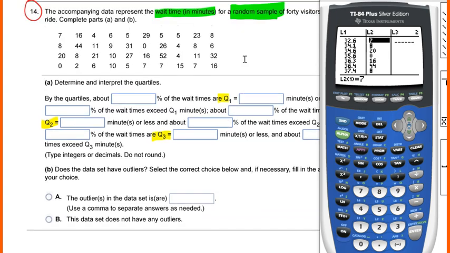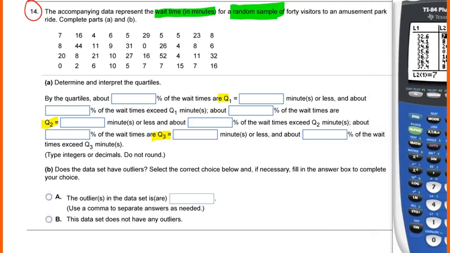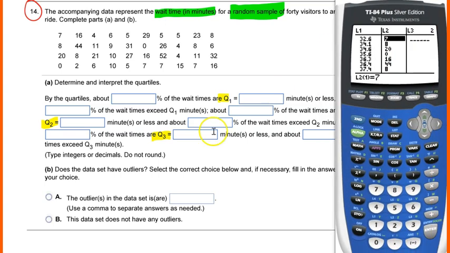Let's answer the questions. Determine and interpret the quartile. That's the question. By the quartile, about what percentage of the wait times are Q1 minutes or less? Let me write down quartile first. Q1, first quartile. I have to find Q1, Q2, Q3 first.